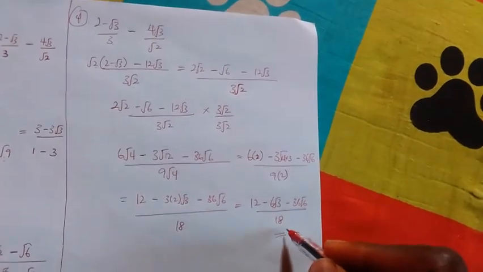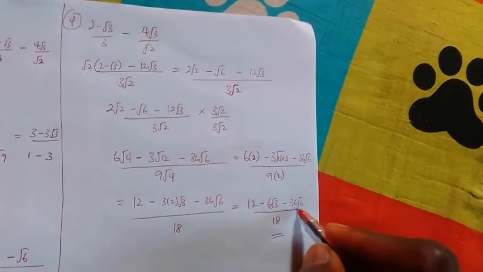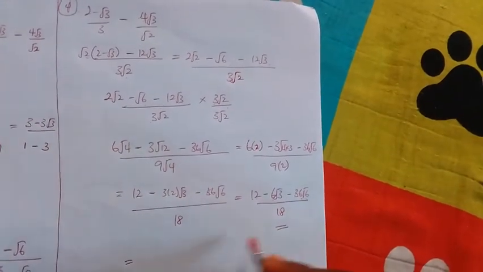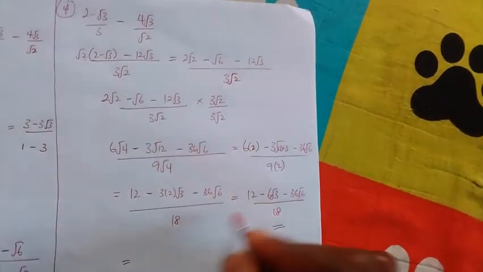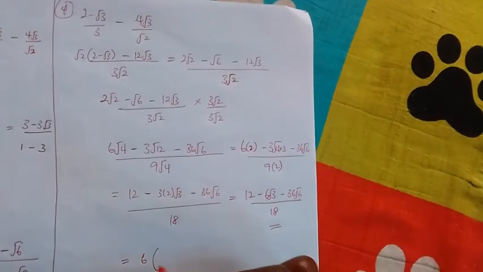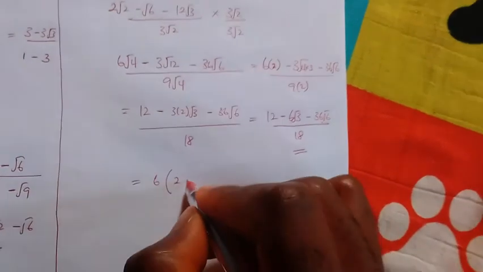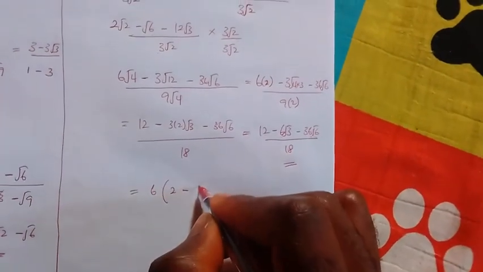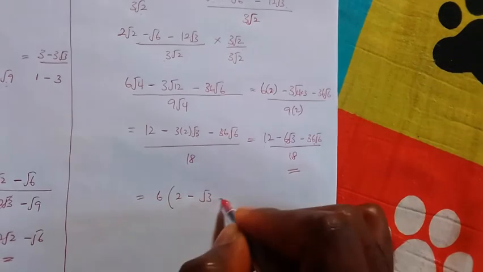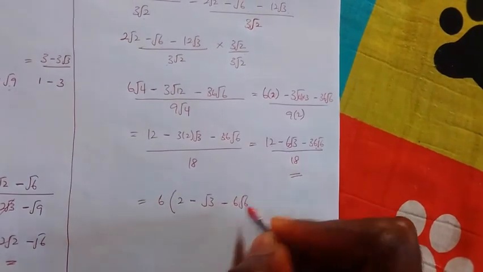Funny enough, something can go. 6 can go here. So, on reducing everything by 6, 6 comes out, this becomes what? 2. Okay, we have 2 minus root 3 minus 6 root 6.